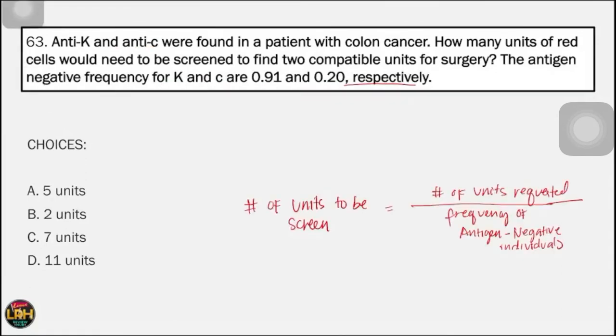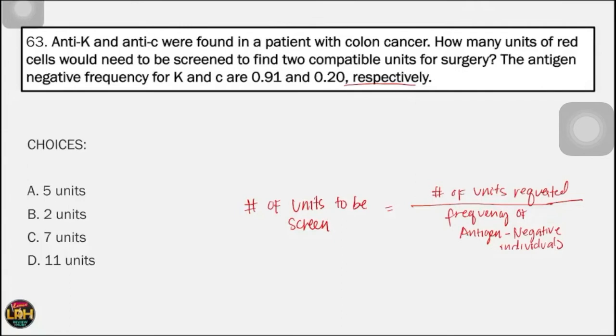So we want to get the number of units to be screened for us to get 2 compatible units before the surgery. It is computed as the number of units requested divided by the frequency of antigen negative individuals.